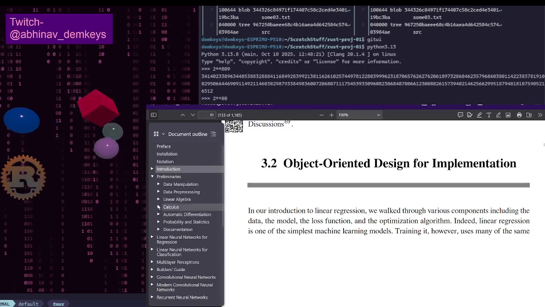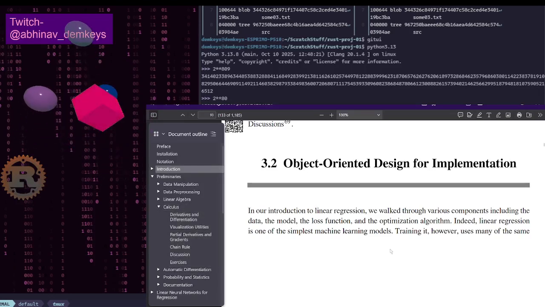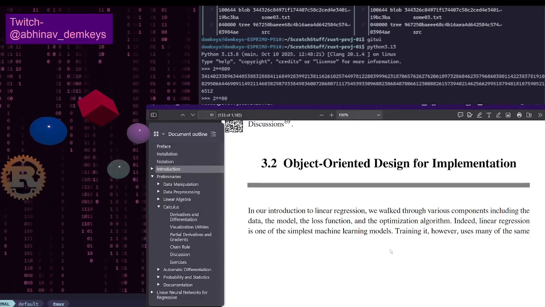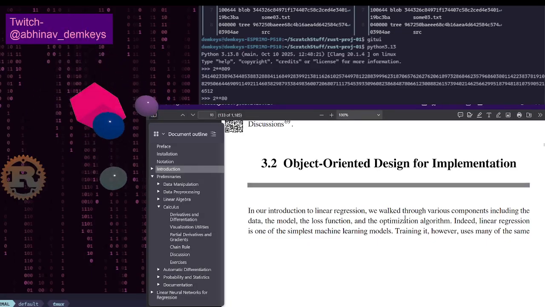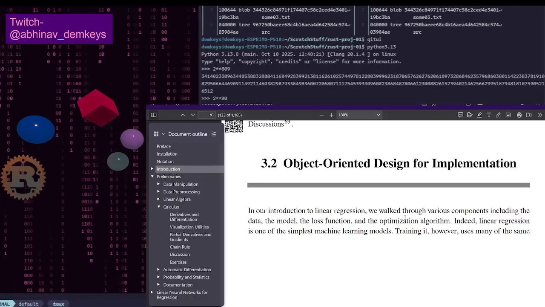So basic calculus stuff like derivatives, differentiation, I don't know if gradients are basic calculus, but I'm going to add it in there. Partial derivatives might be basic calculus as well. I never got a chance to learn any of these things.